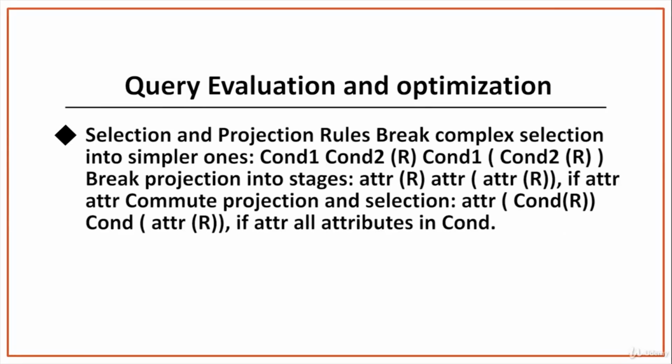Selection and projection rules: break a complex selection into simpler ones, σ_Cond1∧Cond2(R) = σ_Cond1(σ_Cond2(R)). Break a projection into stages, π_ATTR(R) = π_ATTR(π_ATTR'(R)). Commute projection and selection: π_ATTR(σ_Cond(R)) = σ_Cond(π_ATTR(R)), if ATTR includes all attributes in Cond.